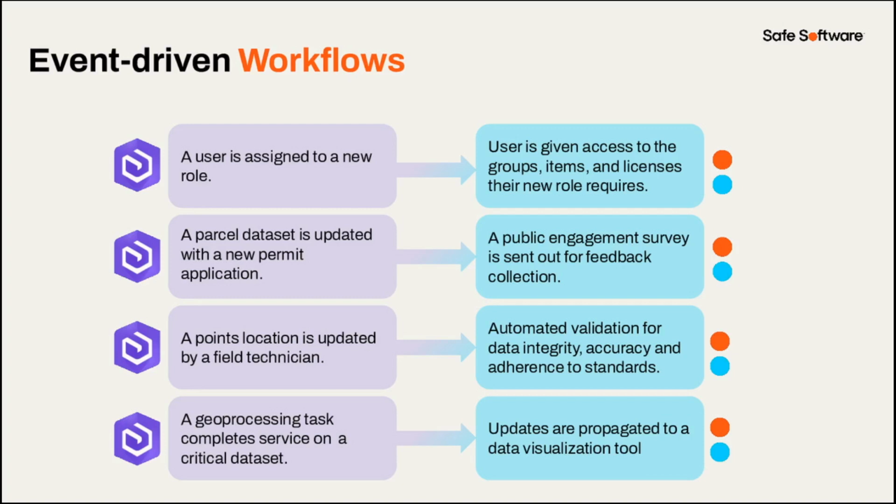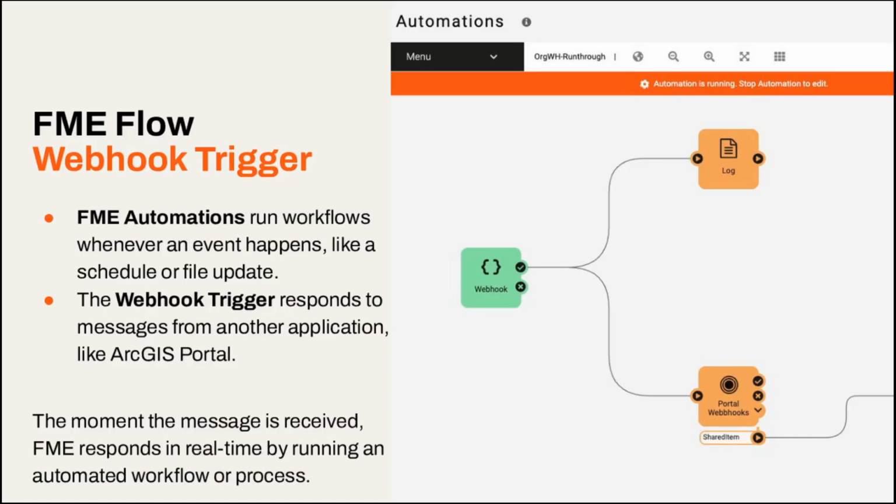All of these represent tasks that are often done manually, subject to error, or maybe we should be doing them, but we can't find enough resources. I have a few of those. So when these events happen in Portal, ArcGIS pushes a message to FME Flow, and it's received by an automation. A webhook trigger receives that message, and in response, that automation will run any type of workflow with the content.